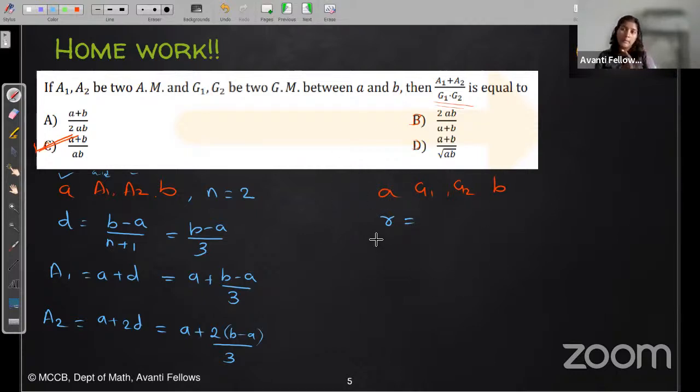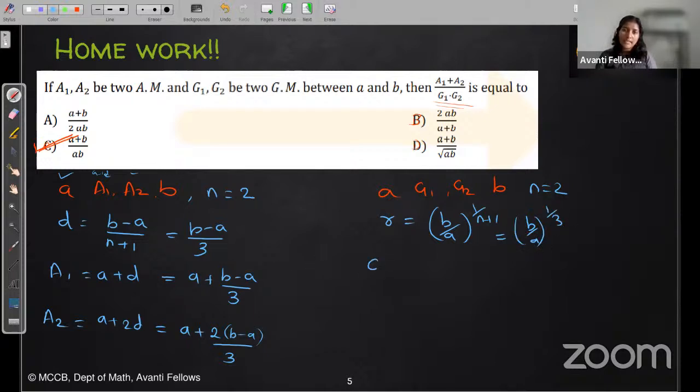When we have n geometric means between A and B, what is the common ratio? So R will be equal to (B by A) whole raised to 1 by (n plus 1). Here n is equal to 2 as we have two geometric means. So this will be equal to (B by A) whole raised to 1 by 3.